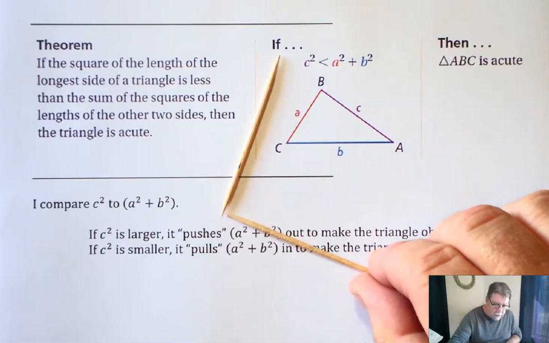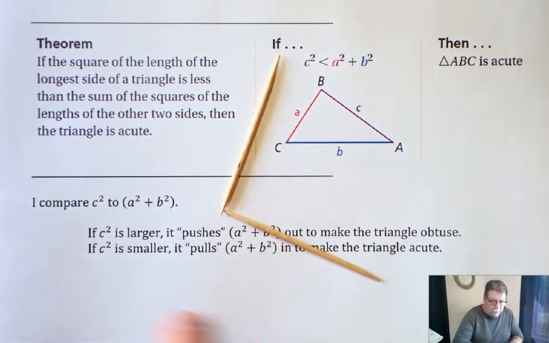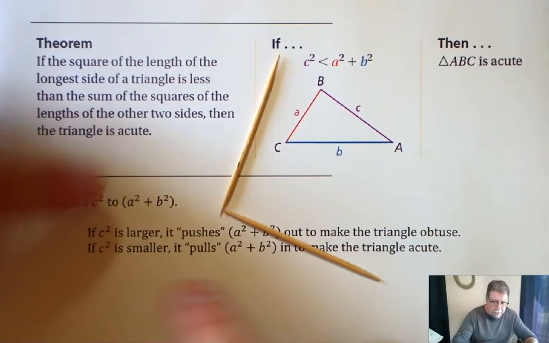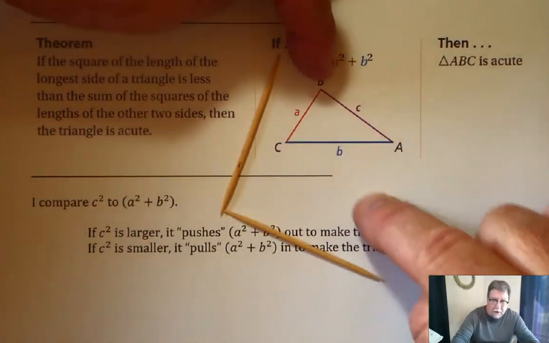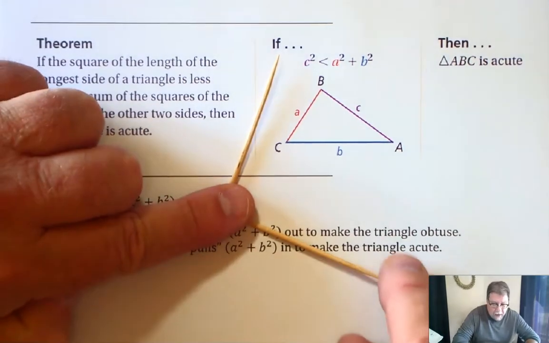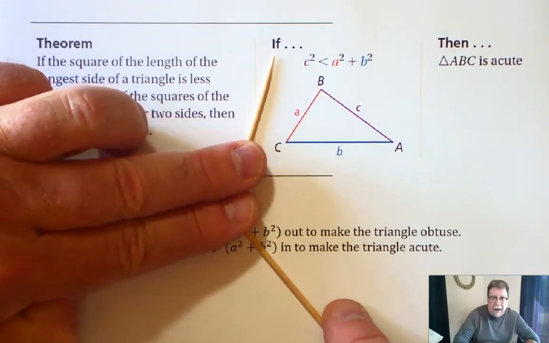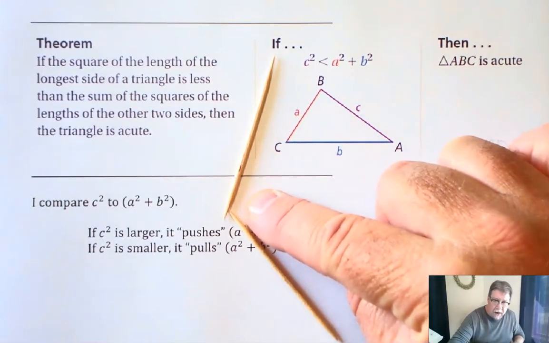So what I do is I compare c squared. If c squared is larger than a squared plus b squared, it'll push out larger, and it'll create an obtuse triangle.